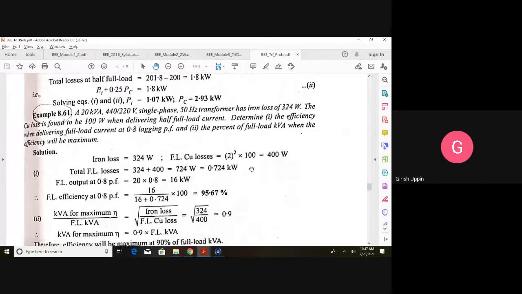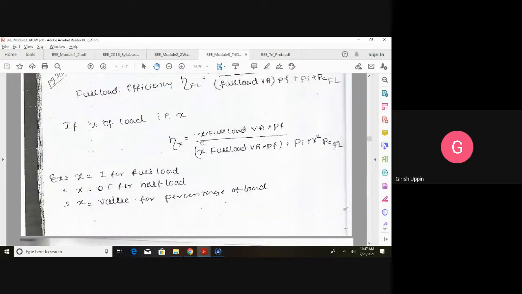I will attach this also to this video, and you will be able to go through. If it is easy for you, you can use this method, but the better method is always to use this formula. Just check what X value should be substituted, and what power factor, and the rest of the calculations are as per the given condition.